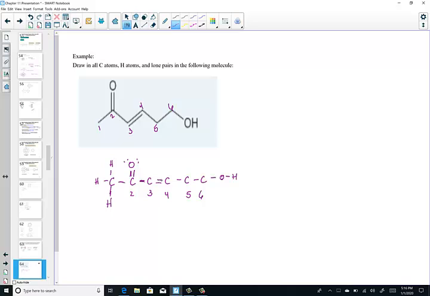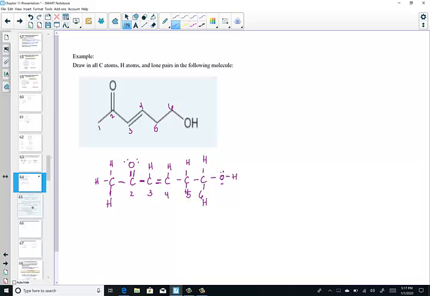Carbon 3 has 1, 2, 3 bonds. It needs a 4th hydrogen. Carbon 4 will require a 4th bond to a hydrogen. Carbon 5 requires 2 hydrogens, as carbon 6 does as well. And then don't forget the lone sets of dots on the oxygen to complete its octet.